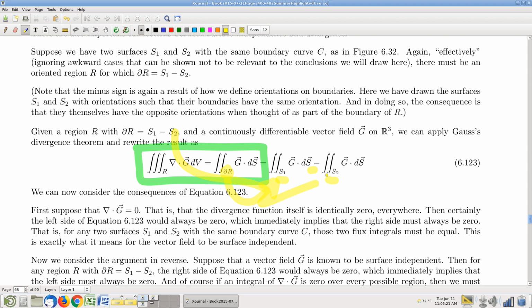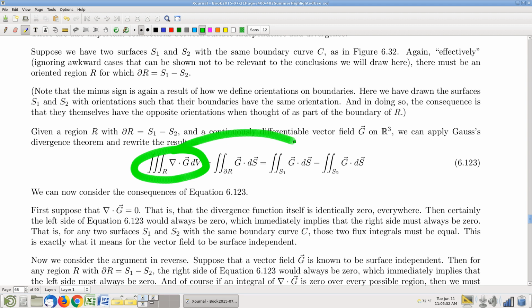And so I can turn that flux into the difference between those two fluxes. And the argument goes through just as it did before. I've got a triple integral. I've got a difference of two fluxes.